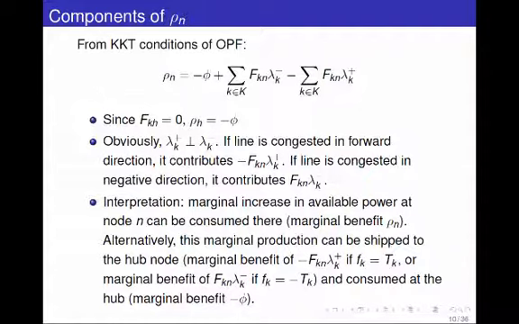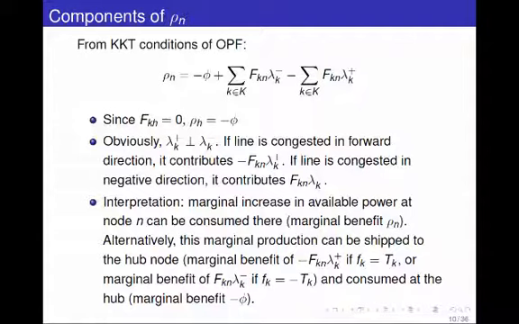The dual interpretation of rho for bus 1 is how much increase in welfare you get if I give you an extra unit of power in bus 1. That's the dual, it's the sensitivity definition of what rho 1 is.